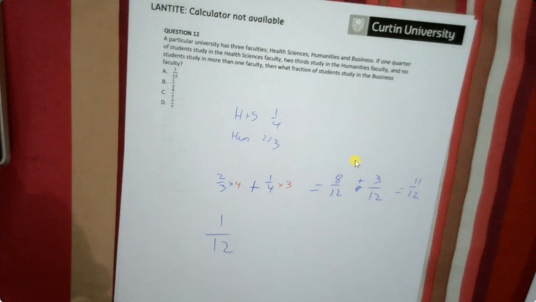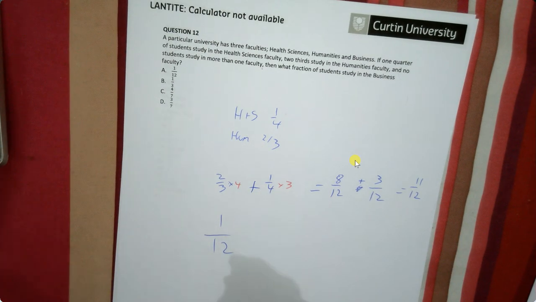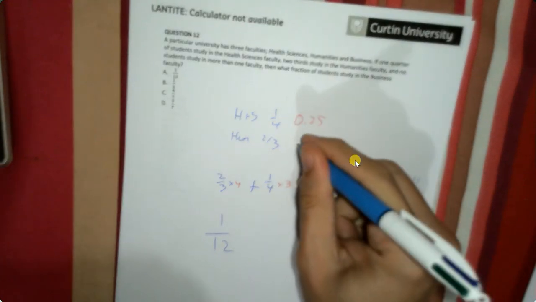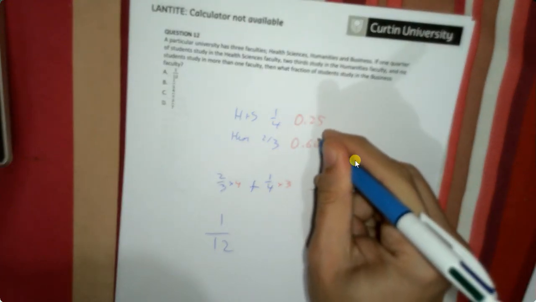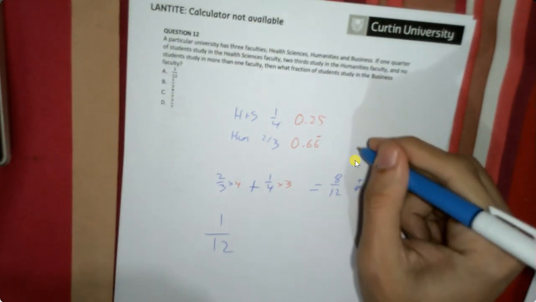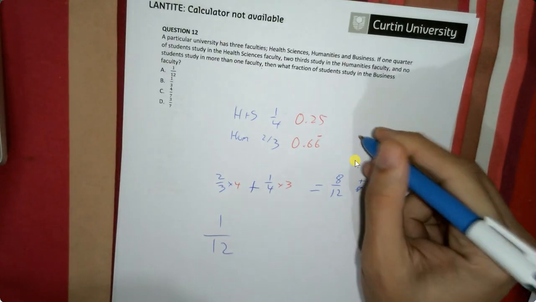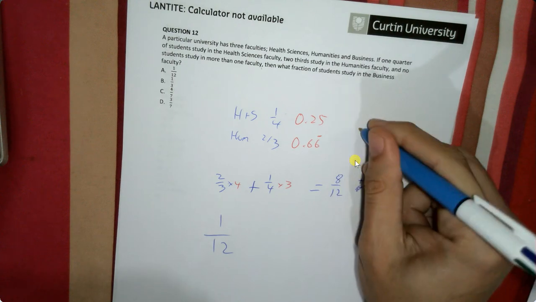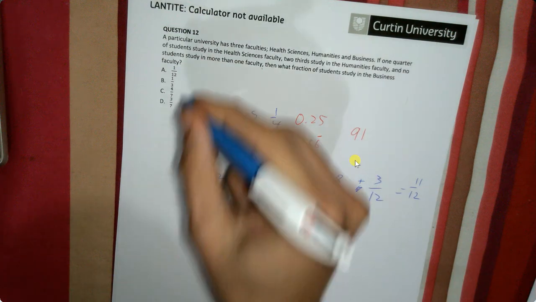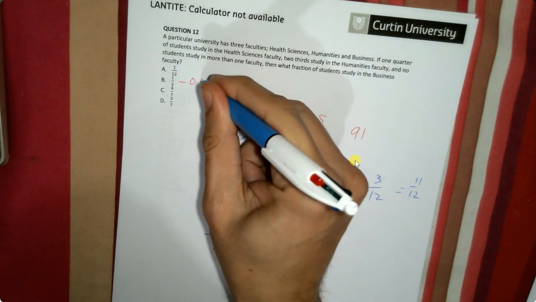The other way you could have got it was if you're really good with your decimals. I know that this is 0.25. I know that this one is 0.66. You add them together and you'll get obviously a pretty high number, 0.91 or thereabouts. And you should know that this one is 0.33.